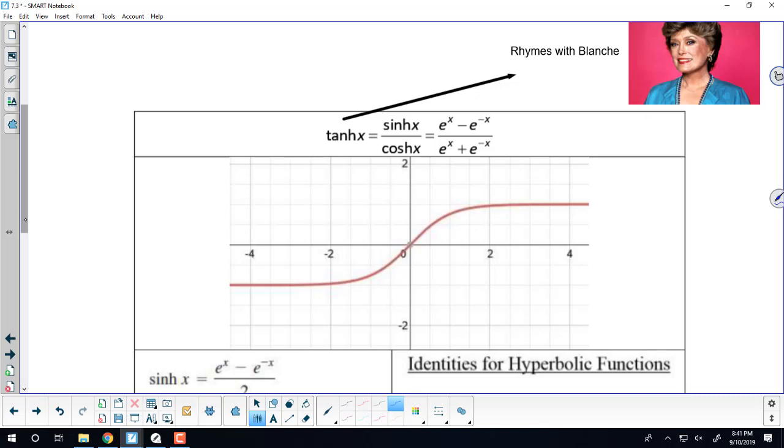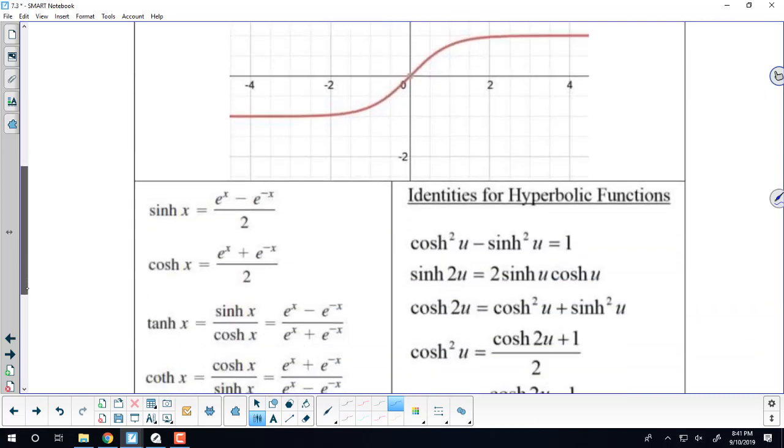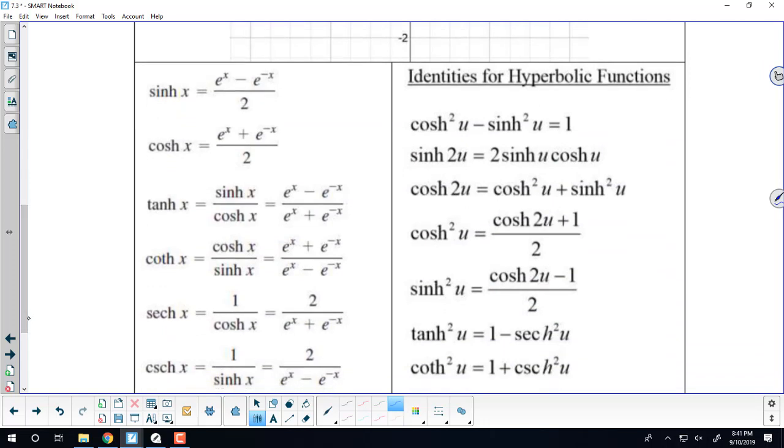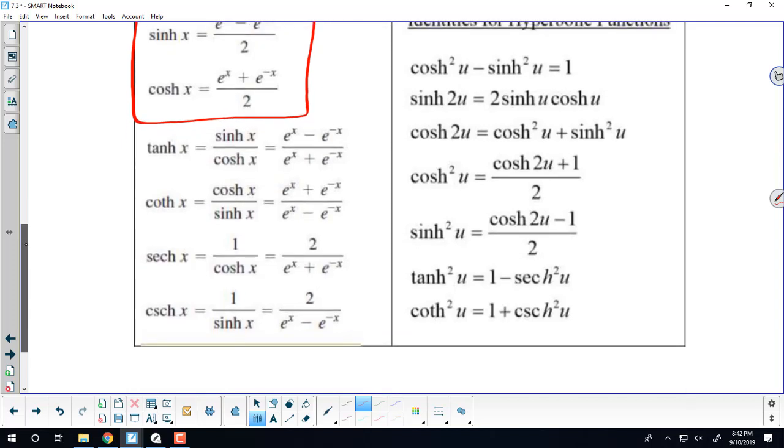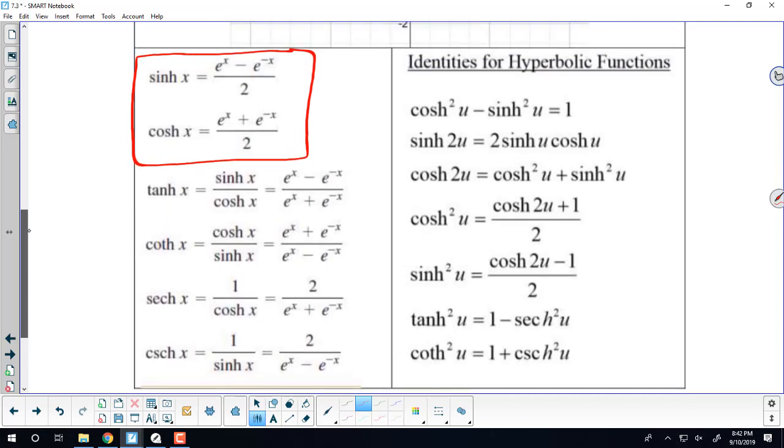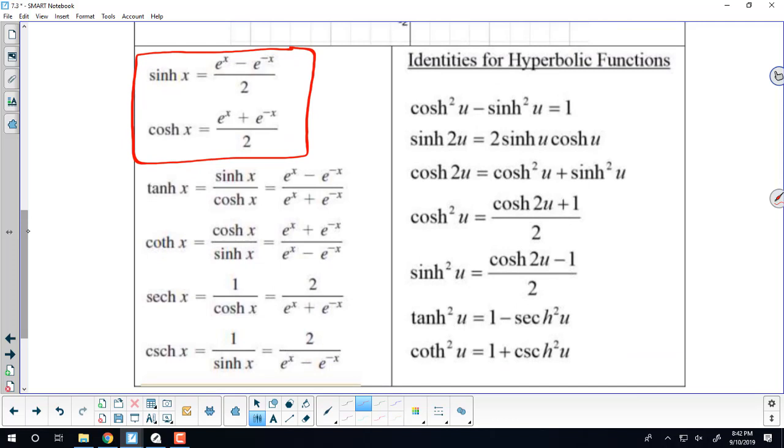And then we can start building all of these identities, the way we did with circular functions. So here's a lot of them. As far as the test, you're going to be responsible for this identity for sure.